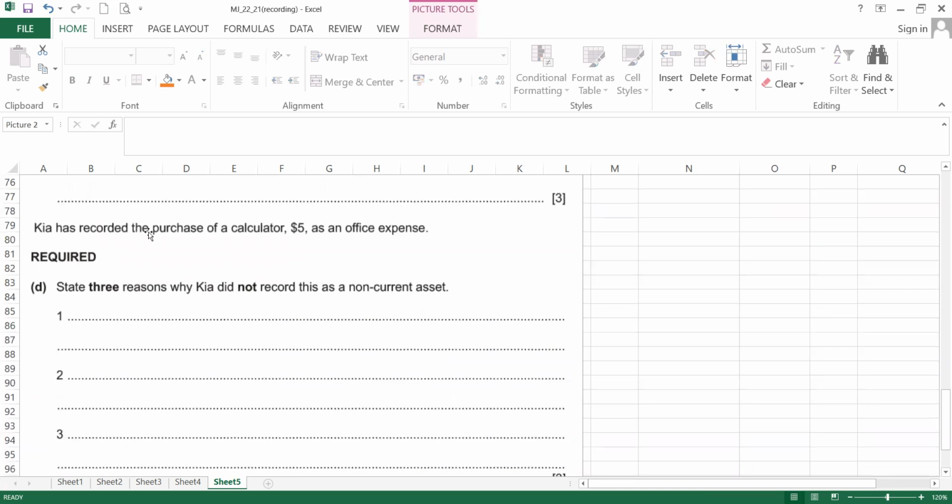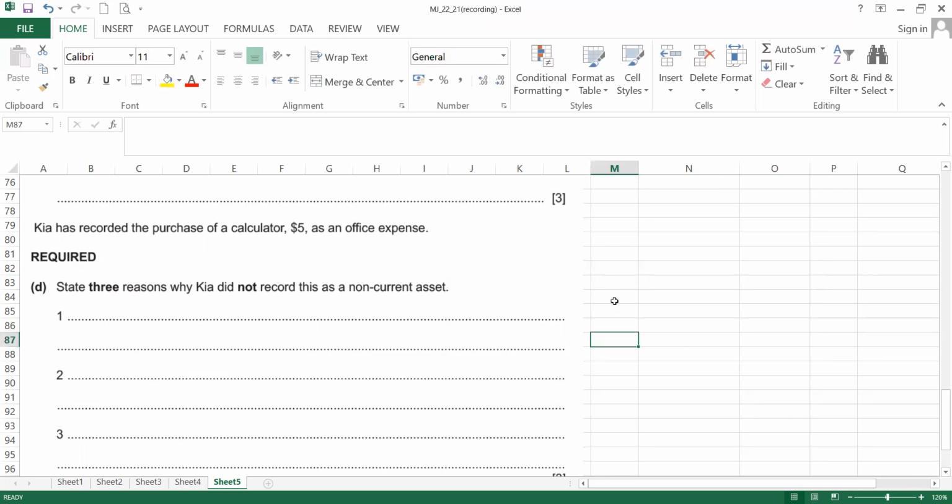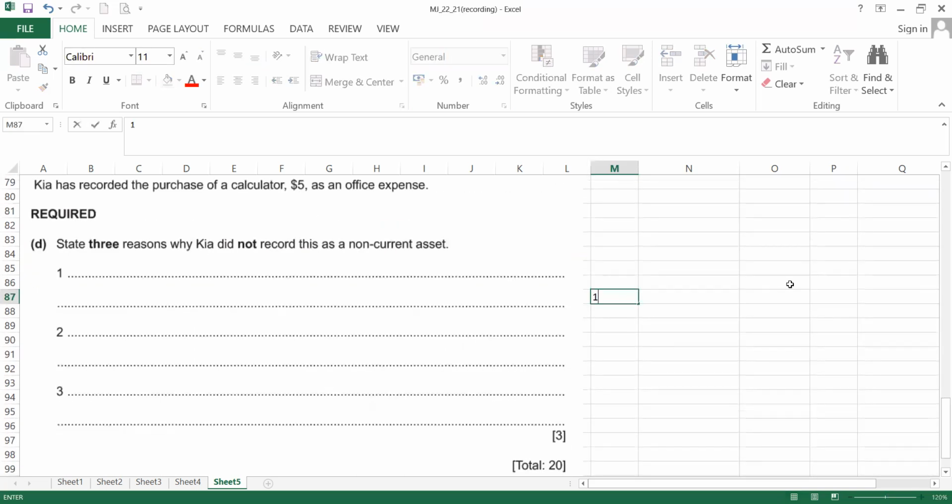Now, Kia has recorded the purchase of a calculator, $5, as an office expense. State 3 reasons why Kia did not record this as a non-current asset. So this calculator, even though it can be used for more than 1 year, we do not treat it as a non-current asset because the amount is immaterial. The amount is immaterial under the materiality principle.